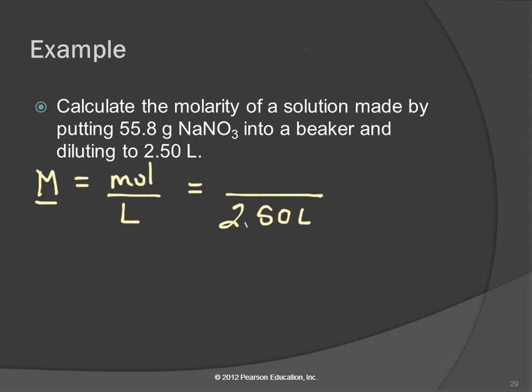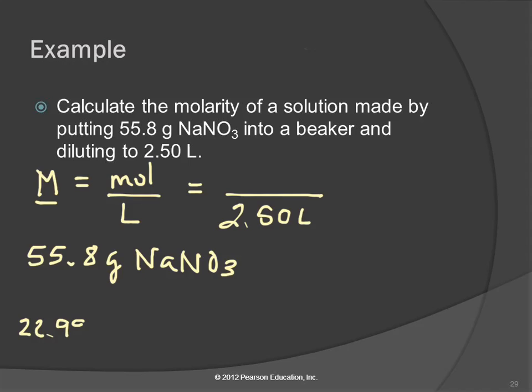But how do we find the moles? Well, this is one of those really important calculations we do in chemistry, converting between moles and grams using molar mass. And it just comes back over and over and over again. So sodium is 22.99, and nitrogen's 14.01, and 3 times oxygen is 16.